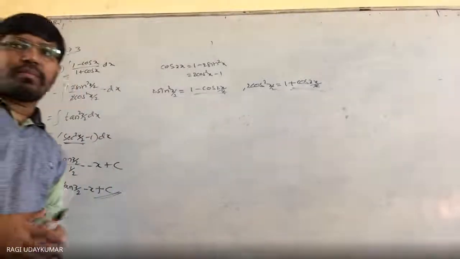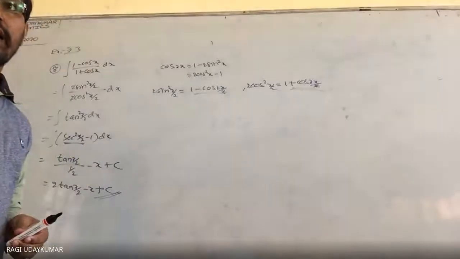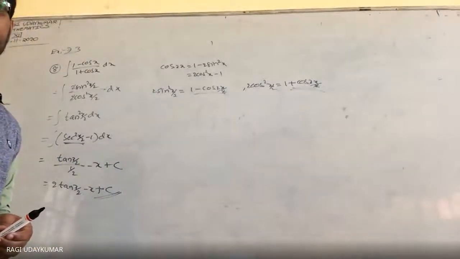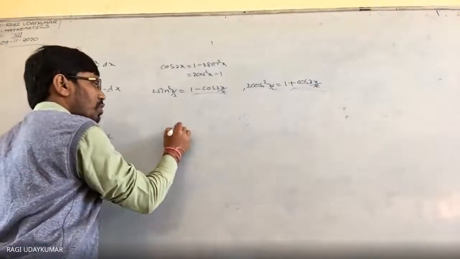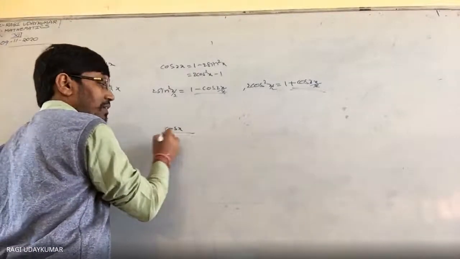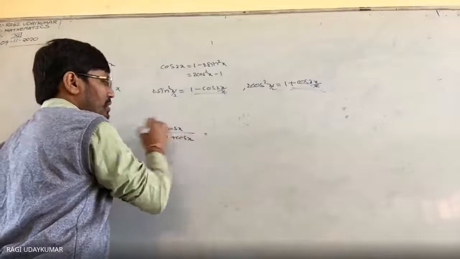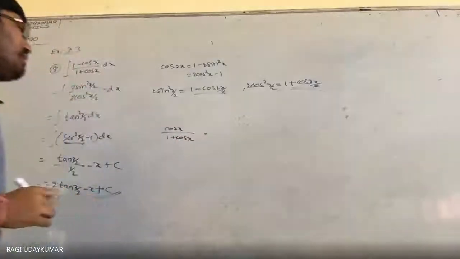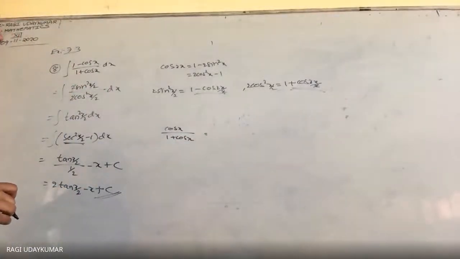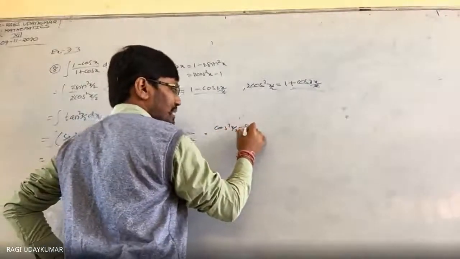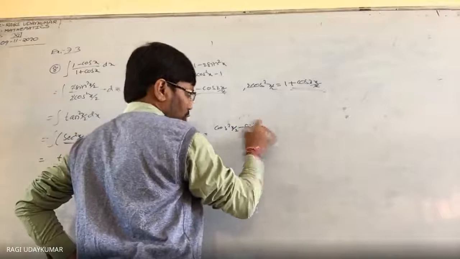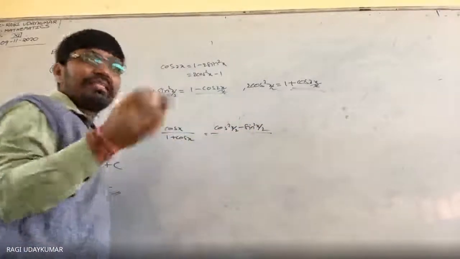Even ninth problem also in the same way you can do it. Cos x by 1 plus cos x, here it is given to you. So this cos x can be written as, ये कैसे कर सकते हैं? Yes, like this you do. Cos square x by 2 minus sin square x by 2 by 1 plus cos x दे दिया.